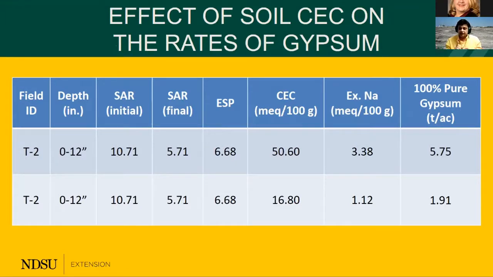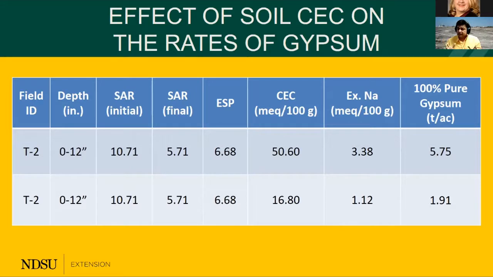Now I'm going to use 2 different CEC numbers, which are from the previous test. The summation or addition method number, 50.6, gave us the recommendation of 5.75 tons of 100% pure gypsum per acre. The other, which is called true CEC, is 16.8. That gave us a recommendation of 1.91 tons of 100% pure gypsum per acre.